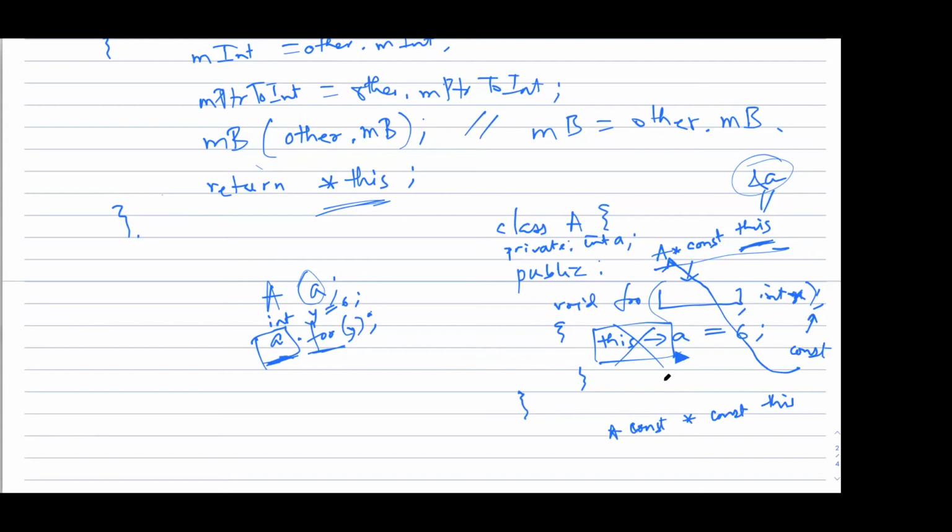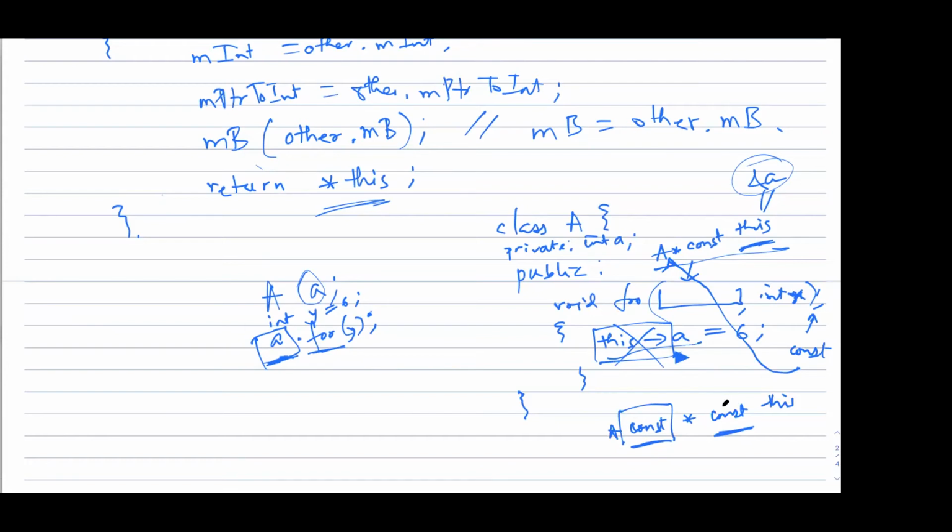And when would you like to do this? When you want to make sure that there cannot be any assignment to any of the member variables. Because what is const here? The pointer is const as well as the content of the pointer, which means that you cannot write this a equal to 6 inside anymore. It can only be read, it cannot be written. So it's now a const pointer to the const A, and therefore you cannot change any of your member variables inside. Is this point clear?